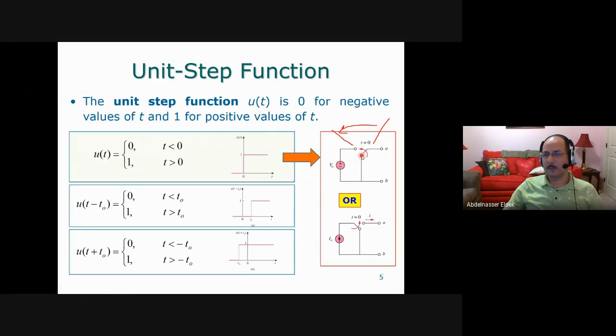So this point was connected to A first, and then after that will be connected to this branch here, which has a source. This is the meaning of the switch. Don't worry about this too much. So this is the definition of the switch.